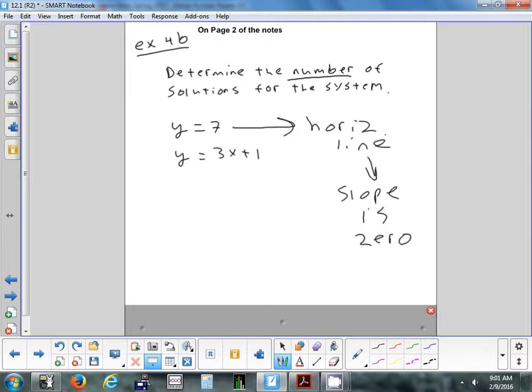They're different. Okay? One of them has a slope of 0. One of them has a slope of 3. How many solutions do we get when our slopes are different? Michaela? 1. Okay. Whenever the slopes are different, we get 1 solution.